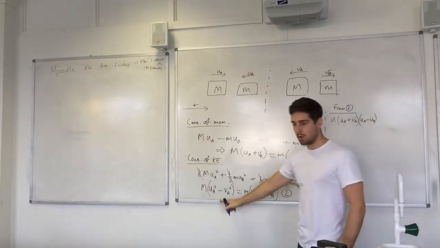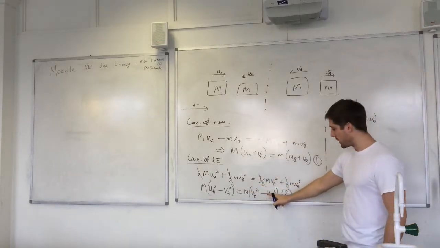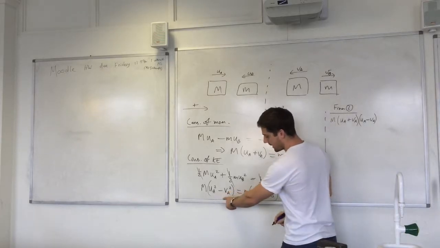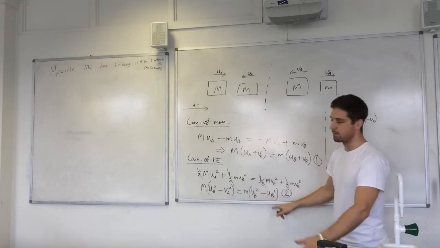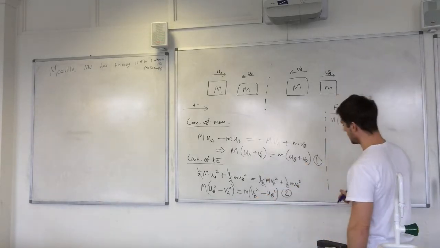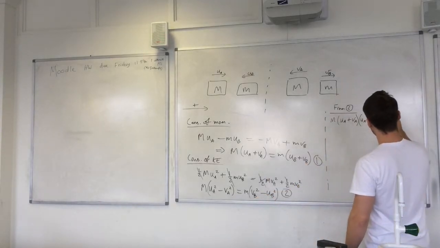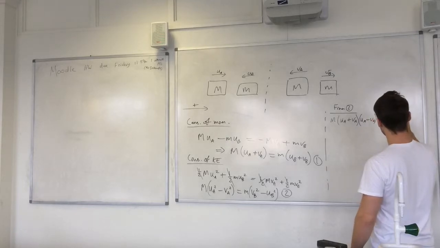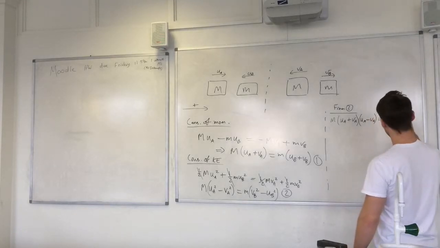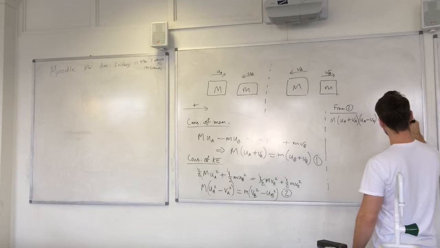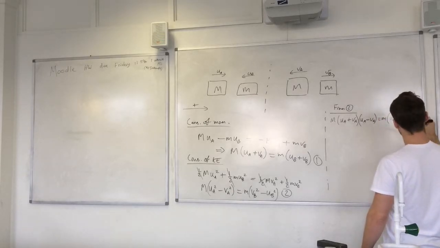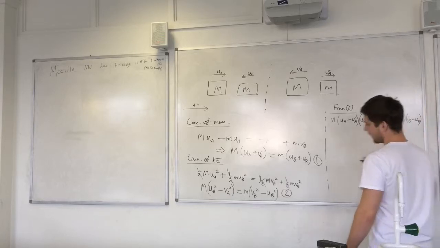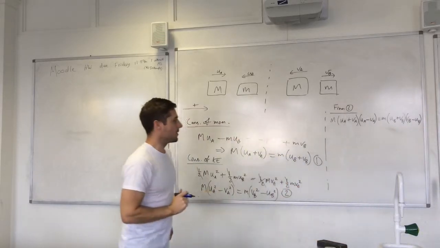So that's the left-hand side of the equation. Similar procedure here, but notice that here we have UA minus VA squared, and here we have VB minus UB terms being squared. So that's a slight difference there. We have UB plus VB. So that's what we can do with equation 2.